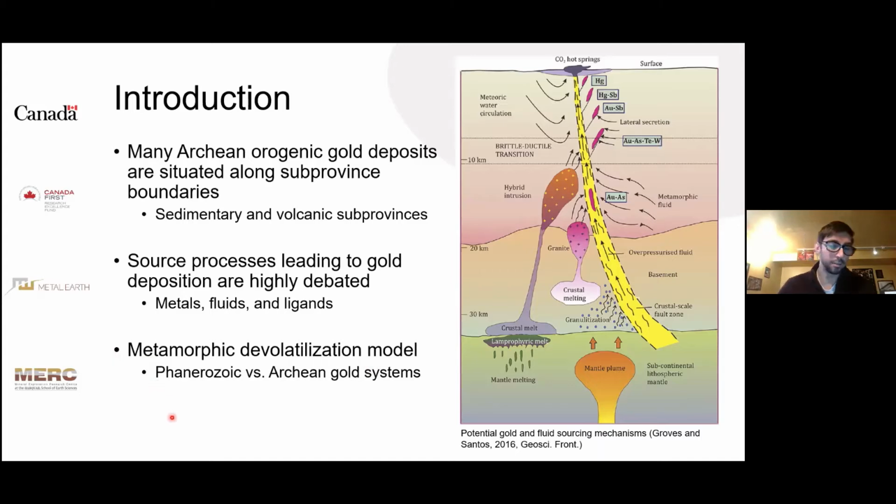This is a prominent model for gold mobility and gold sourcing, especially for Phanerozoic or modern day deposits, which are fairly rich in metasedimentary rocks, definitely more voluminous versus the Archean gold systems. So we're going to want to look at both the metasedimentary rocks and the volcanic rocks as potential source material.